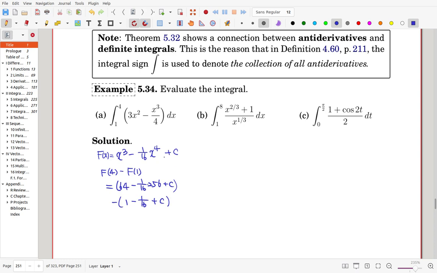So if you put c, then c appears here one more time with the subtraction, so they'll be cancelled, so that when you are trying to evaluate the integral, you may ignore this portion. Okay. So anyway, by simplifying this quantity, you can get the final answer. You can do it.